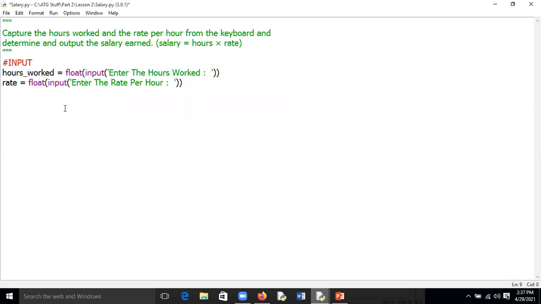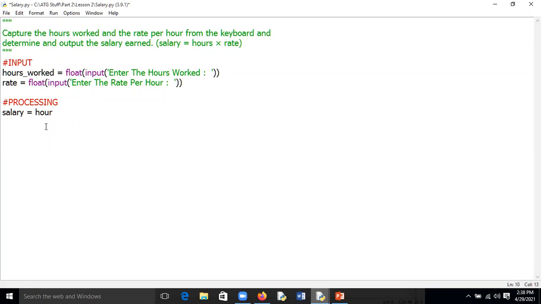Now, let's get to our processing. Now, if you look at the formula above over here, your salary is hours times rate. So we're going to go with a variable called salary is assigned. And what variable is our hours worked stored in?